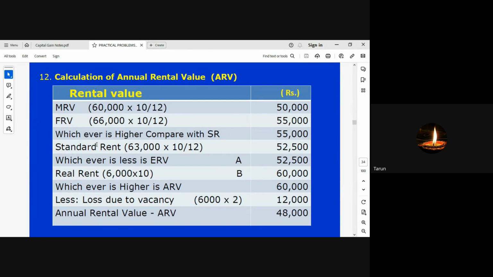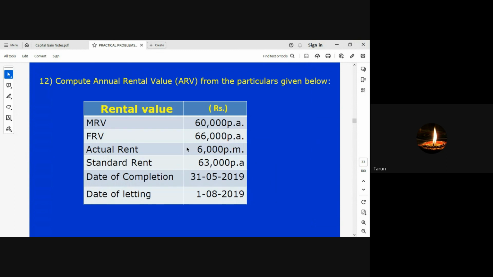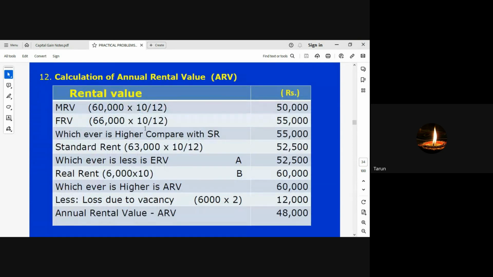So 10 by 12 gives 50,000. In fair rental value, 66,000, you follow the same pattern, 10 by 12, and it is estimated as 55,000.